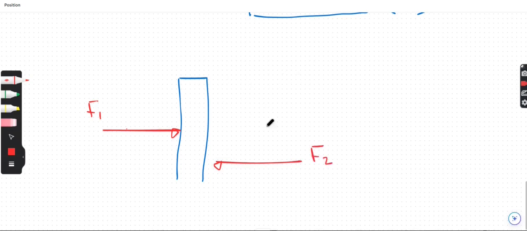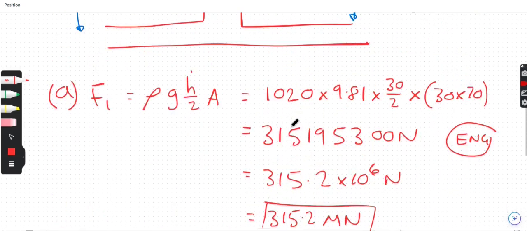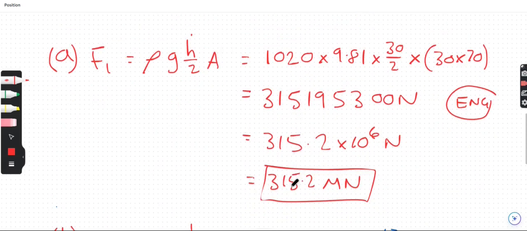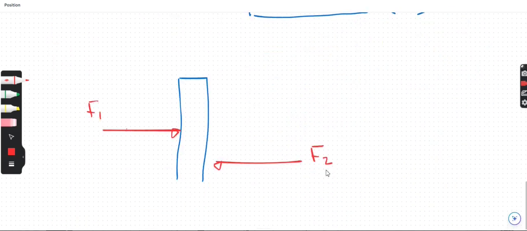It's up to you. But F1 is what have I done? I'll do the rounded up version. That's why you should use the calculator to do all that really. So 315.2 times 10 to the 6 meganewtons, isn't it? Coming that way.